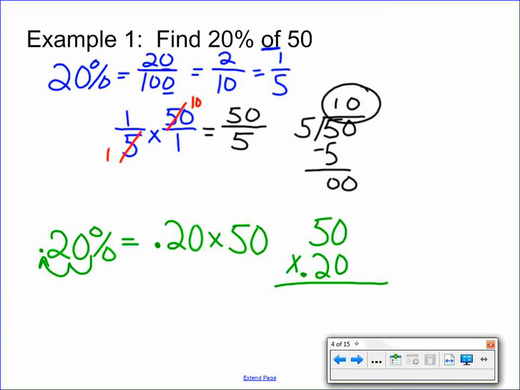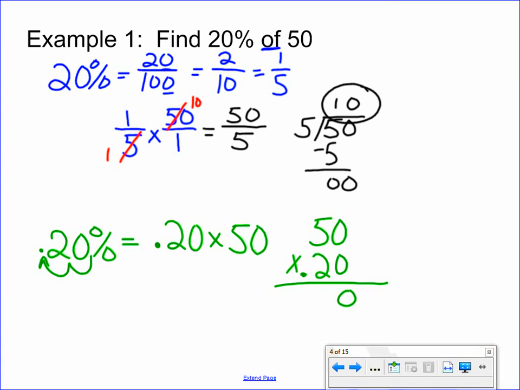If I do my math here, 0 times 0, 0 times 5, 0 for my placeholder, move over to the 2. 2 times 0 is 0, 2 times 5 is 10. If I look up at my problem, I have 2 decimal places behind a decimal, so I have 2 down here, giving me 10.00 or just the whole number 10.